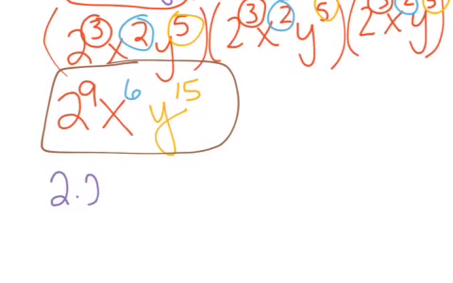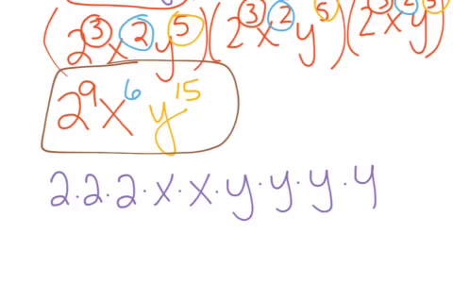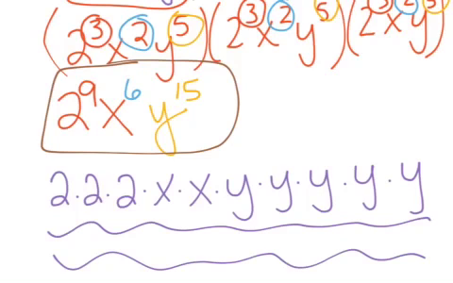It would be 2 times 2 times 2, x, and 5 y's. And we write that down again and again, and it would take a really long time. So it's much easier to know the rule that you multiply your exponents when it's a power raised to a power. The only thing that's a little bit tricky with this is if you've got something that has a little invisible 1 for your exponent.